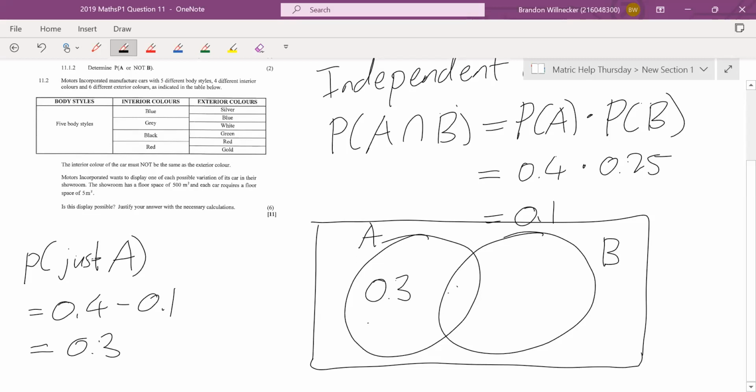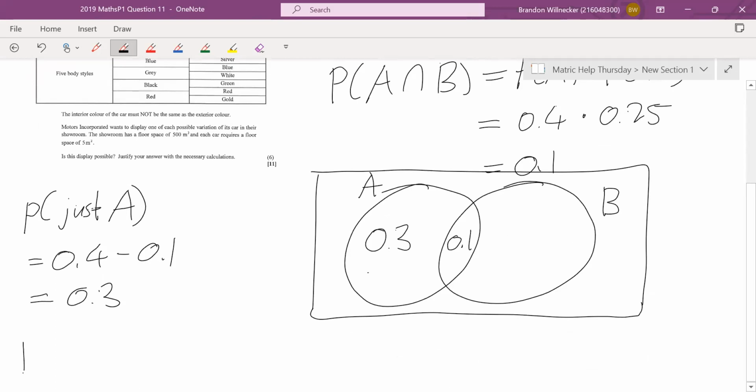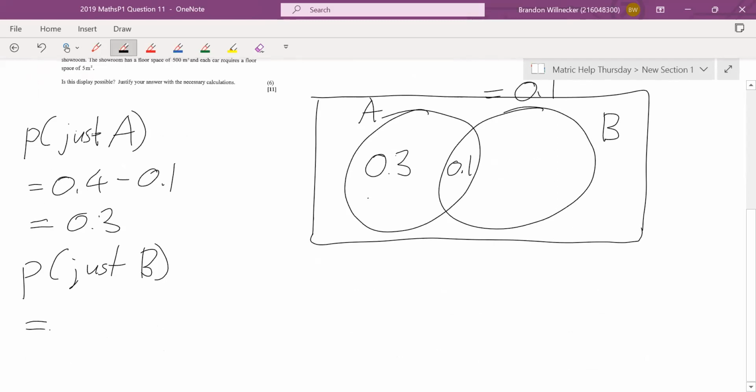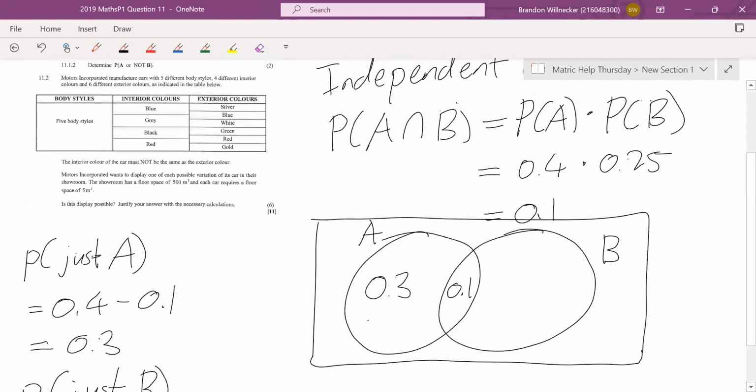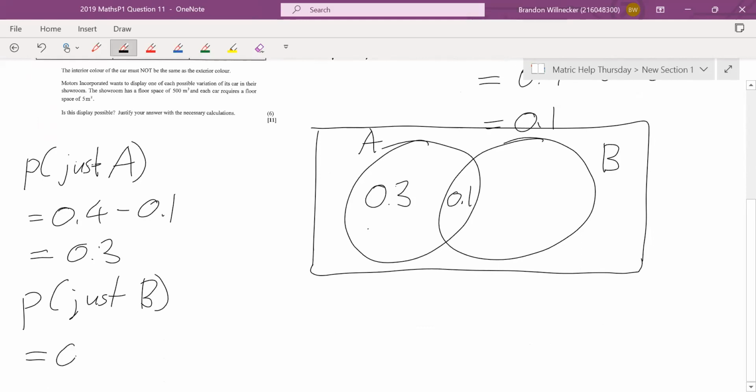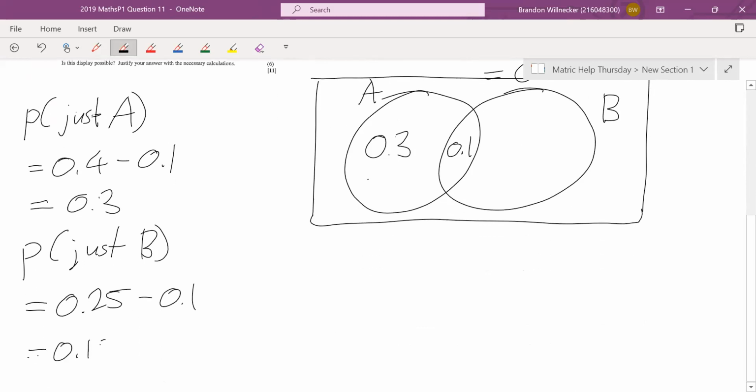Inside the overlapping part, we know that's 0.1. What about just B? So the probability of just B, well, that's going to be the probability of B altogether. That was 0.25 minus the intersection there, 0.1, and that's going to be 0.15. Okay, so that goes in this region over here.